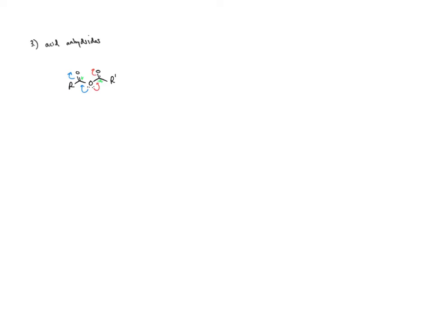In other words, the lone pairs on oxygen are being pulled in both directions, which is different than esters and carboxylic acids, in which there's only one direction that it can go. So if we say that this is going to undergo resonance, we can show a resonance form like this.